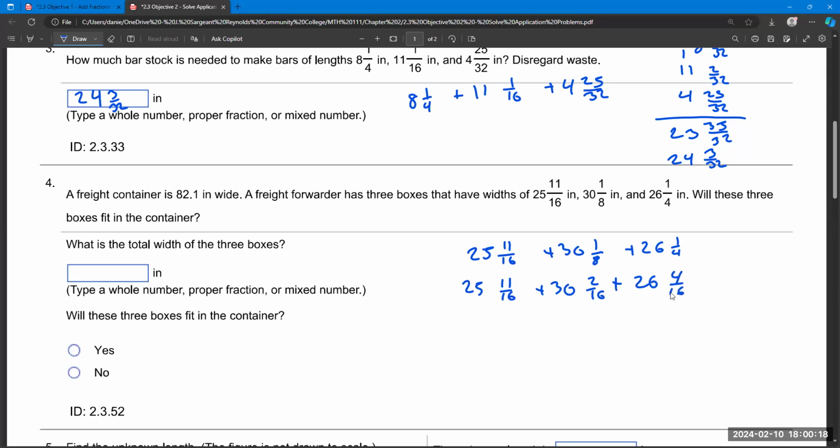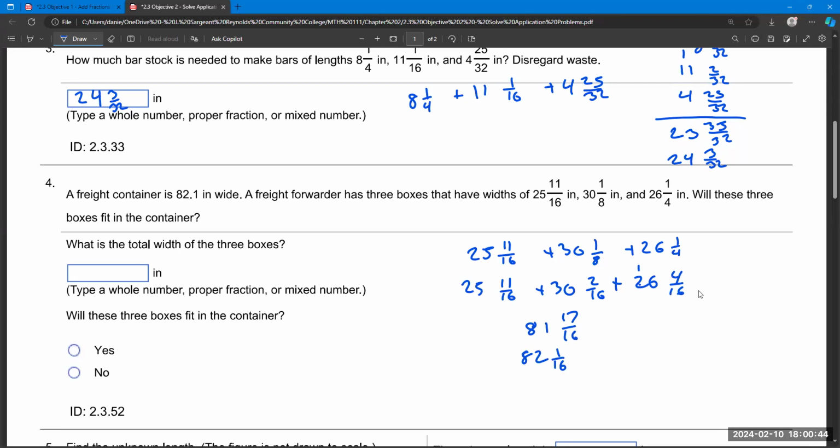11, 13, 17, 16, 6, 11, 3, 6, 8, and this is 82 and 1/16.